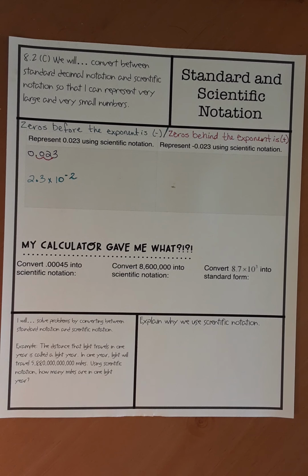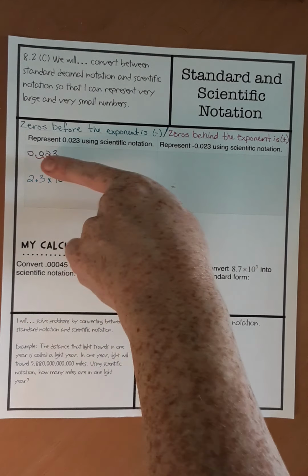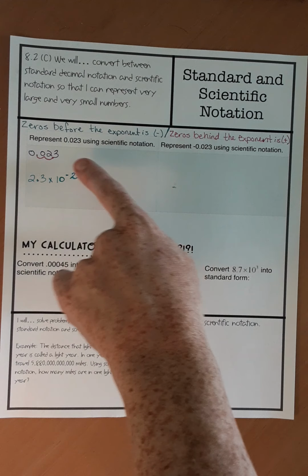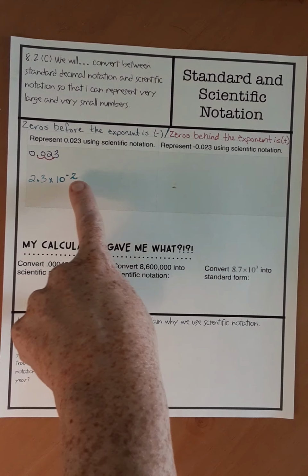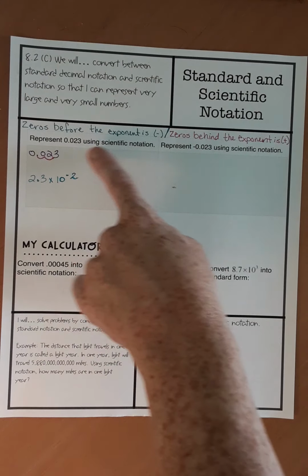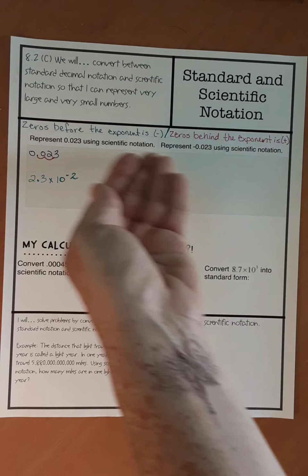So in this case, in the standard form, our zeros were in the front of our number. Meaning, in order to move to scientific notation, our exponent needed to be negative. If our exponent was positive, that would tell us that the zeros were behind the number, and it wasn't a decimal, it was in the thousands.